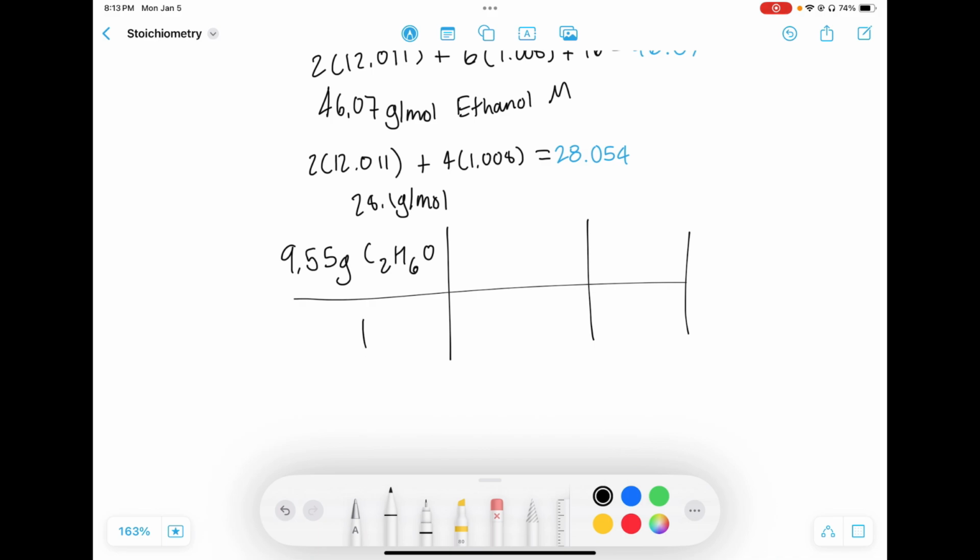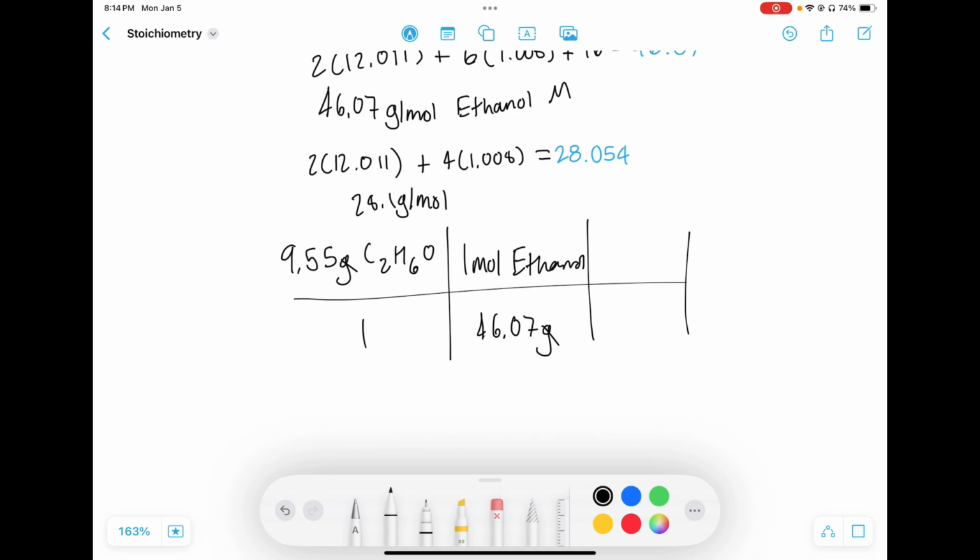So you put the 1 there and then you want to multiply across. So our molar mass is 46.07 grams per 1 mole of ethanol. Same thing, right? So grams, grams, and this cancels out. 9.55 divided by 46.07 is 0.207.